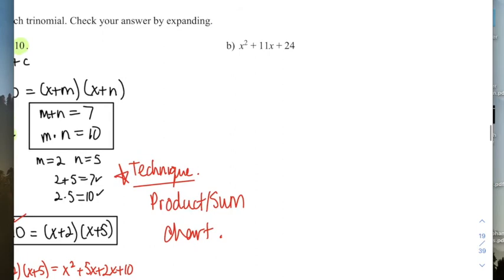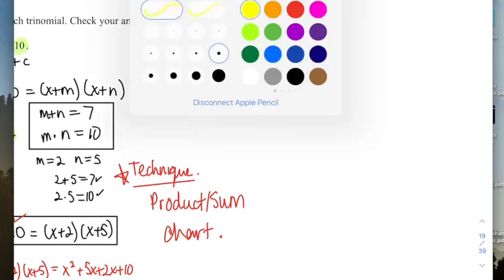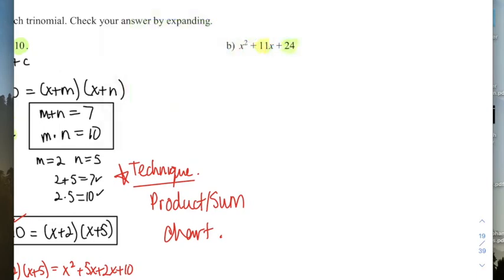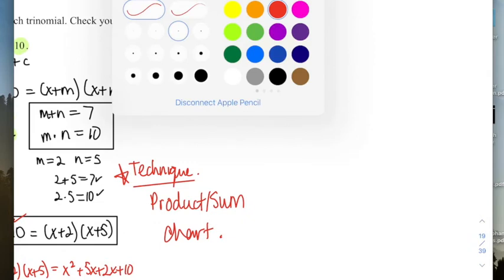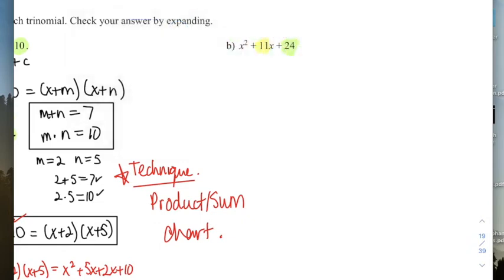When I look at x squared plus 11x plus 24, I can see my b value is 11, my c value is 24. So what I need are two values, m and n, such that m plus n equals 11 and m times n equals 24. That's key here. Here's our little technique.